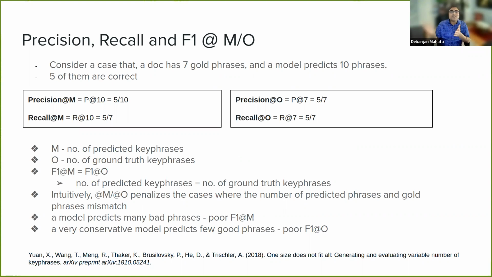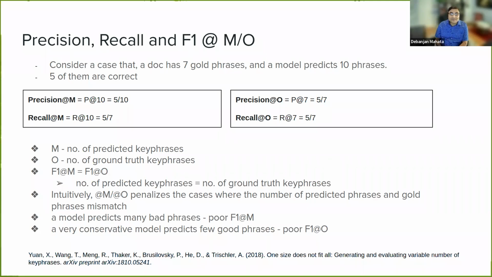Say 5 of them are correct. Precision at M would be precision at 10, because 10 is the number of phrases your model predicted. But precision at O would be precision at 7, because 7 is your ground truth. These two metrics would be the same if you end up predicting the same number of key phrases as there are in the ground truth.